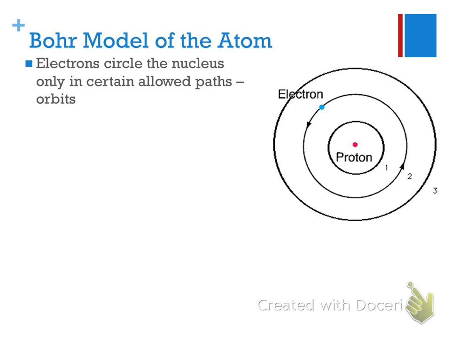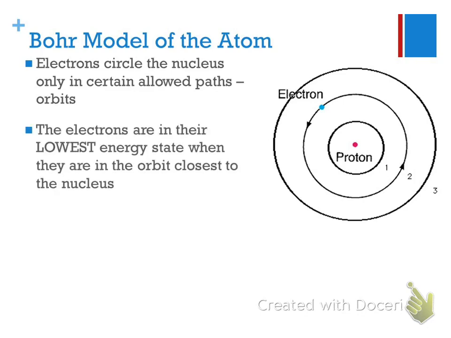They couldn't leave that path or be anywhere in between. He said that electrons are at their lowest energy when they're closest to the nucleus, which we still think is pretty true today. But his theory has since been proven incorrect. We just like to talk about it because of the new way of thinking he brought about.